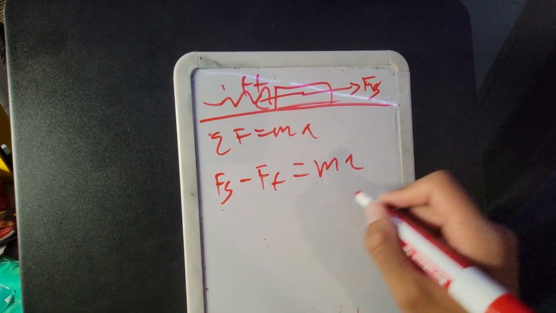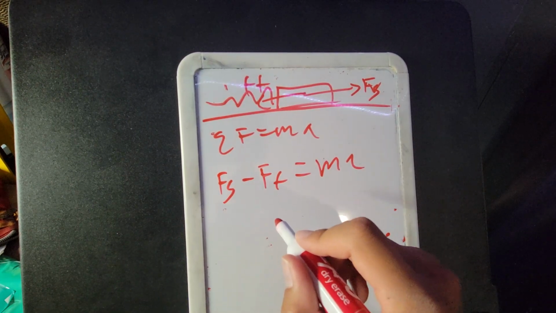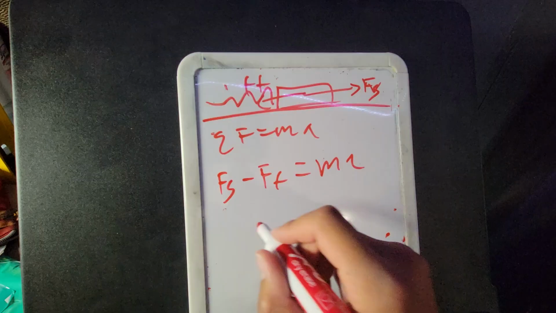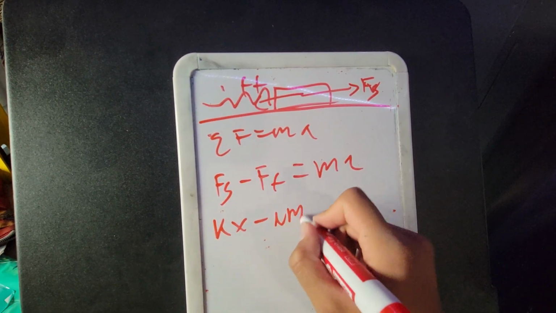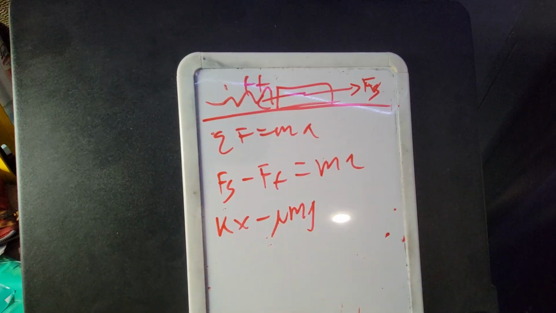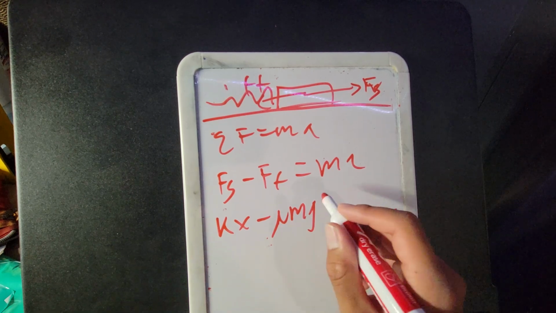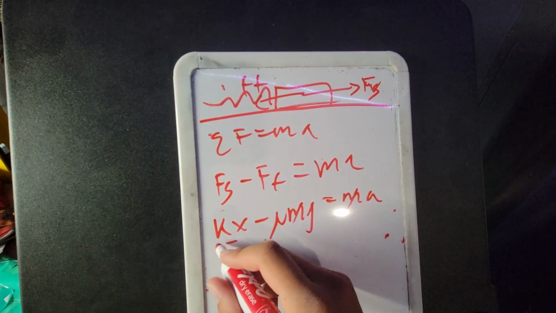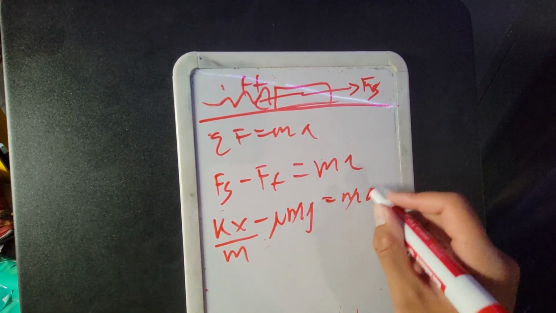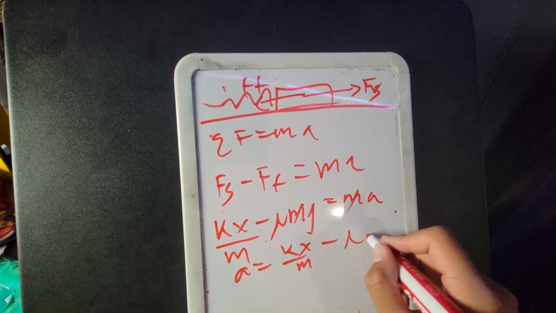The force of the spring is just k times the distance. So it's kx minus mu mg, since friction is mu times the normal force. ma, the m's cross out, so you're left with a equals kx over m minus mu g.